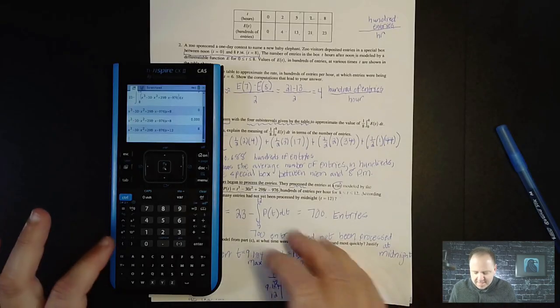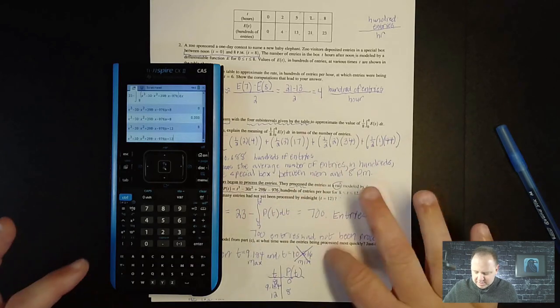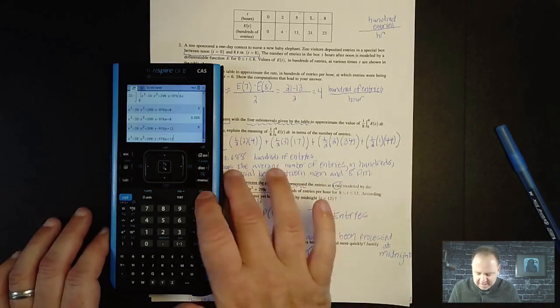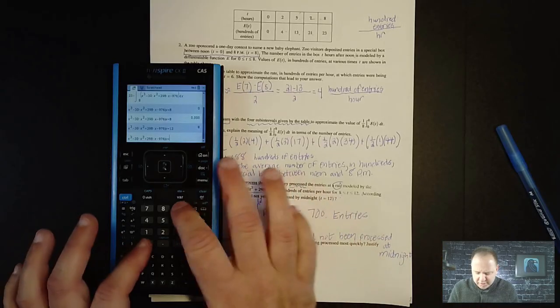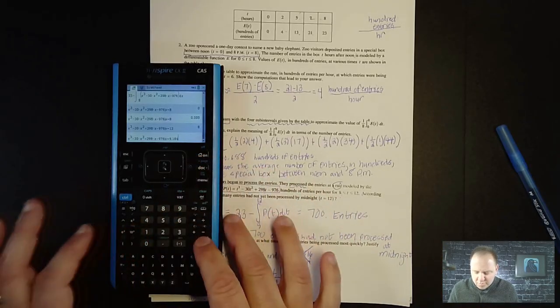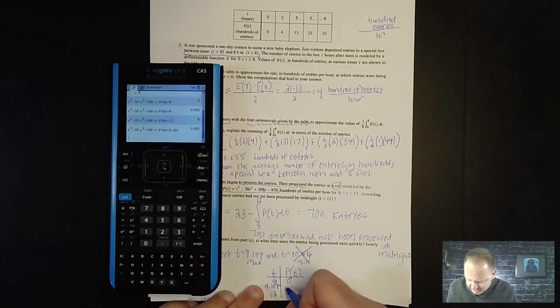So 800 an hour. Let's then plug in my interior, and I'm going to write something else up here that I should have, and I'll get to that in a second. Plug x equals 9.184, and that gives me 5.089.